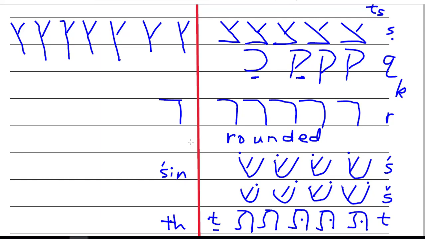Those are the 23 letters, consonant letters of the Hebrew alphabet.